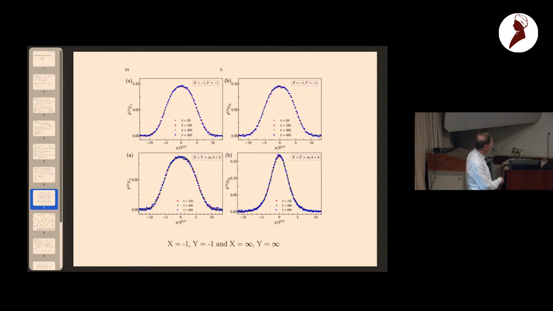But this is the S11 and that's the S22, and they look pretty much the same. When you look at this thing, presumably they are really the same, right? But it's not so when you try to do the fitting with the KPZ scaling function. It doesn't work so well.